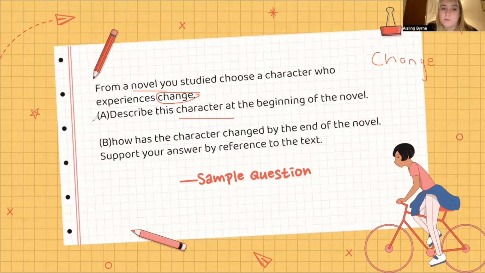So the first part of it is we have to describe this character at the beginning of the novel. So how were they at the start?